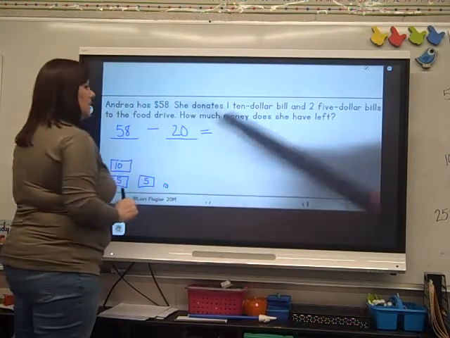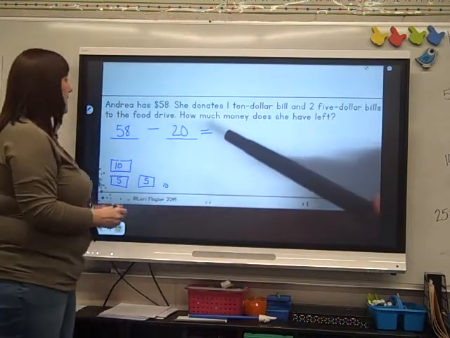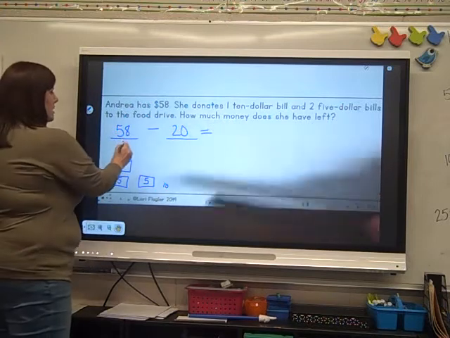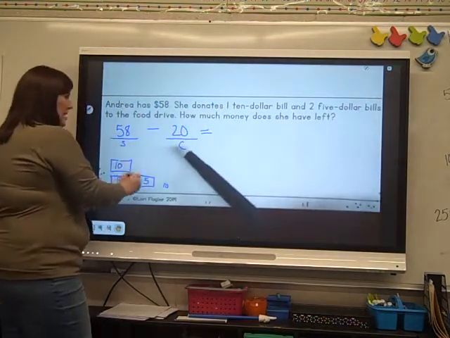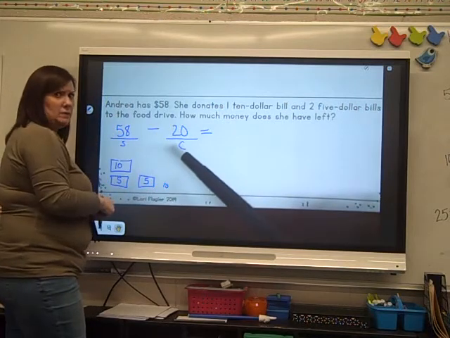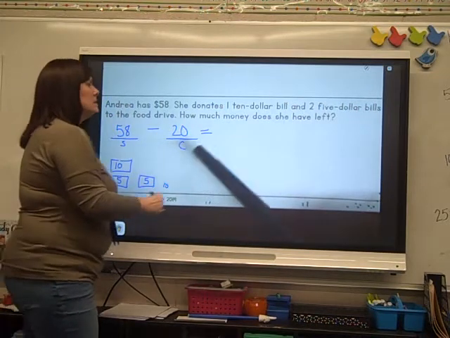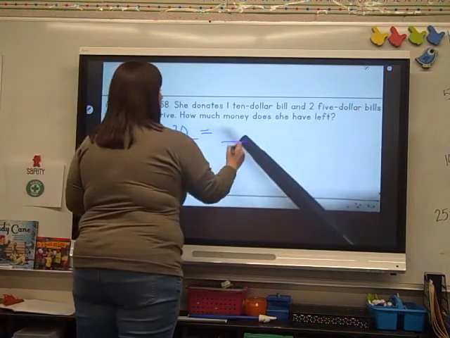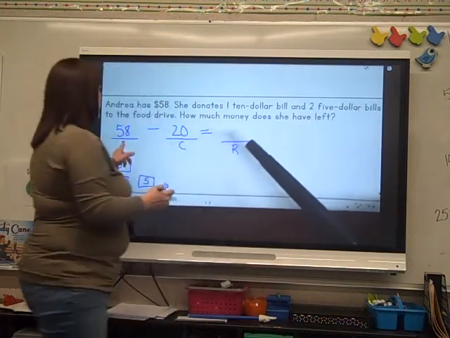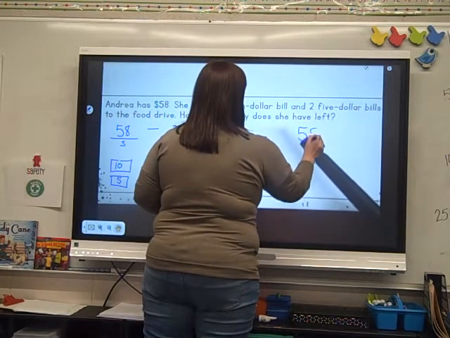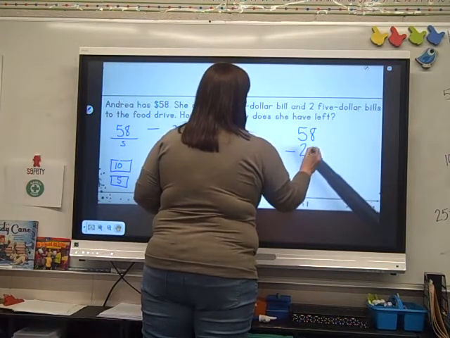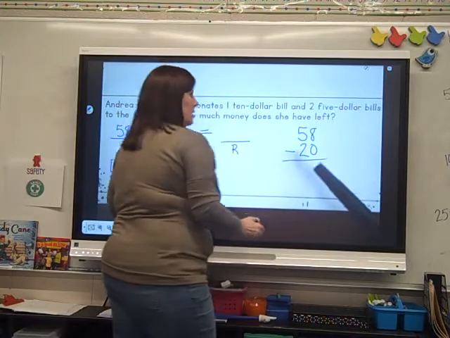So how much money does she have left? This is what she started with. This is what it changed by. We had to do a little extra work to figure out what that was, didn't we? All right? So what does she have left? What's the result? So 58 subtract 20. So let's do 58. Take away 20. All right?